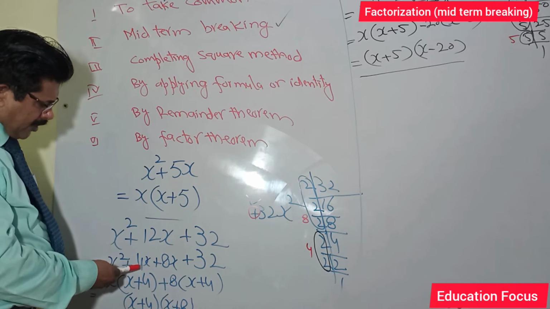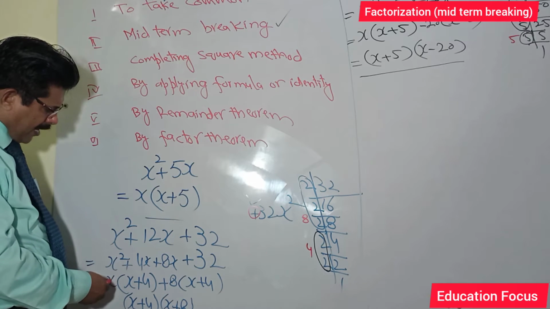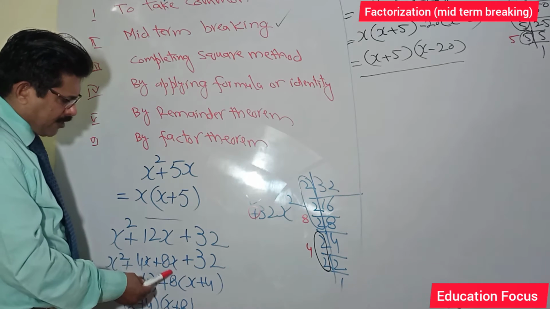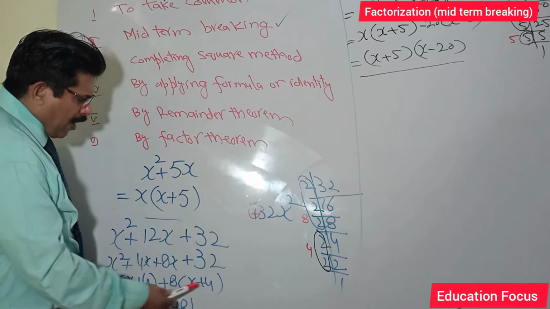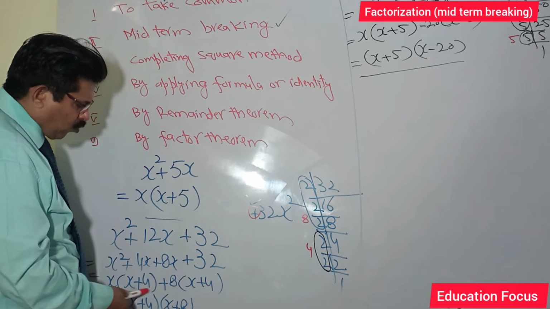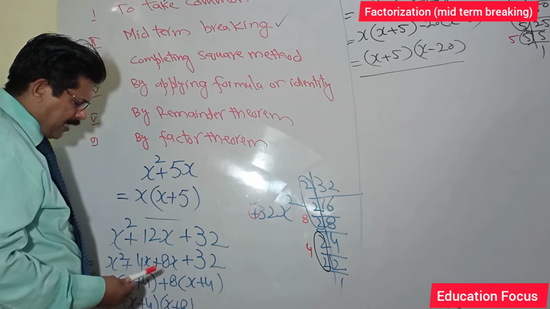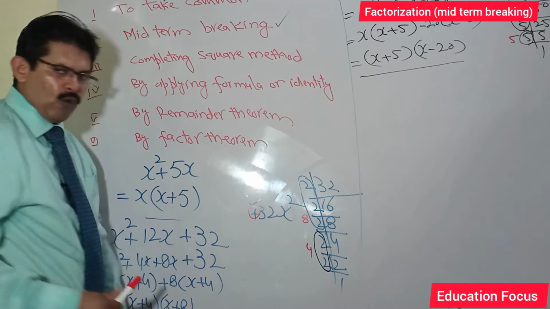And then we will take common from the first 2 values. The common is x, remaining x plus 4. And from the last 2 values we will take common 8, the remaining is x plus 4. These two brackets should be the same. If these are the same, the question is accurate, but if these two are different, then the question is wrong.